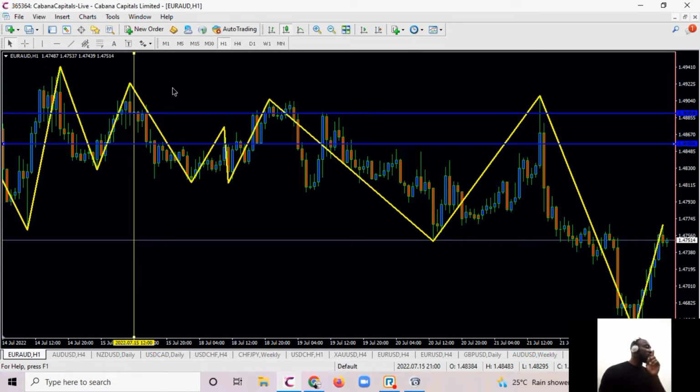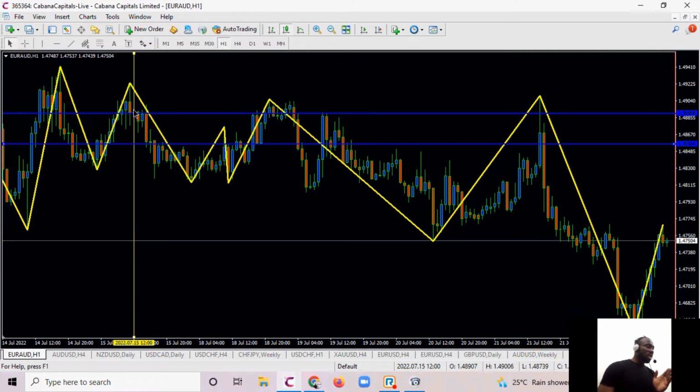On 4 hour, there was no zigzag, but we had a candlestick formation which indicates that the trend is about to change. When we came down to 1 hour, our zigzag was above a bearish candlestick. And you know, when the zigzag is above a bearish candlestick, that is a sell setup.